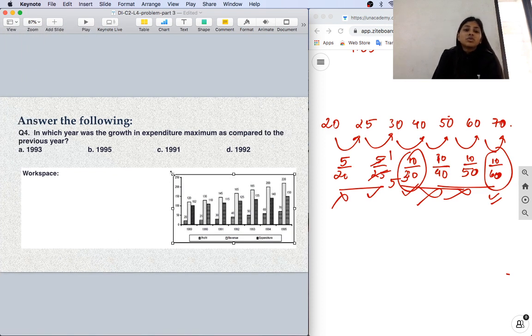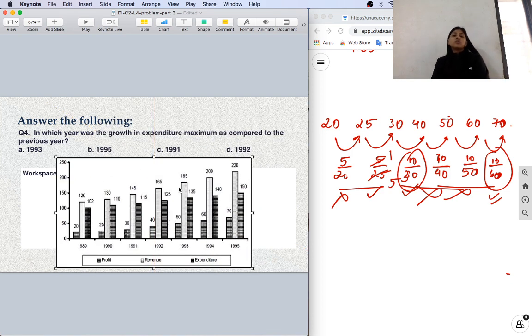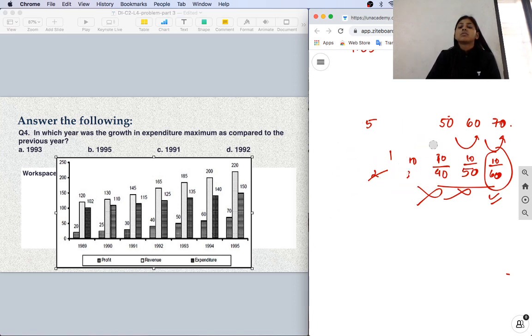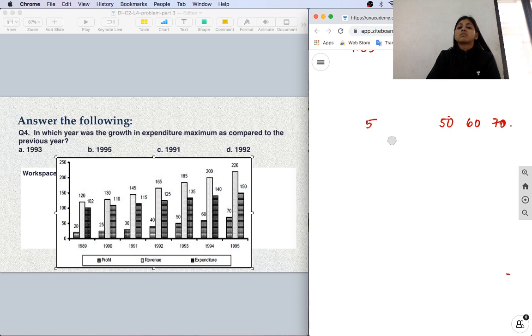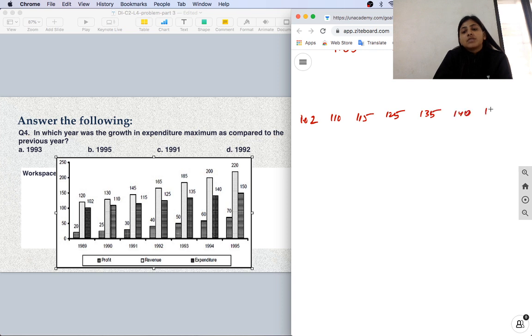In which year was the growth in expenditure maximum as compared to previous year? Same thing we have to do for expenditure now. So the values are 102, 110, 115, 125, 135, 140 and 150.